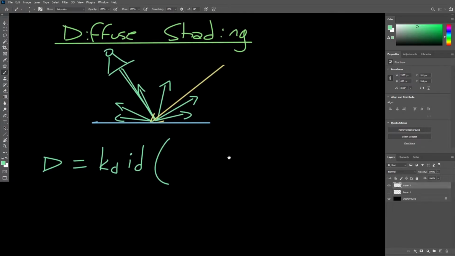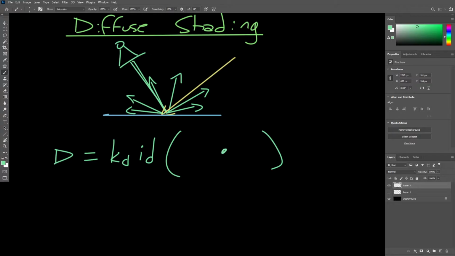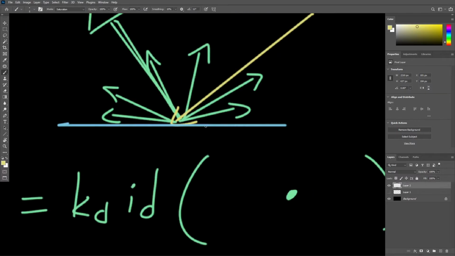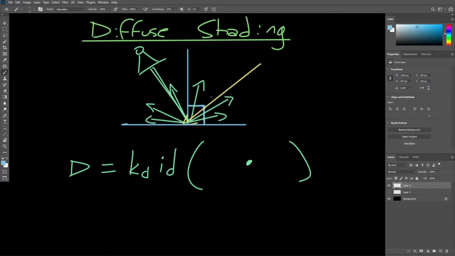We are going to bring in the dot product of two vectors. Specifically, we are going to bring in the dot product of the polygon's normal vector. So actually, I'll draw that in here. Hopefully, it's still not too confusing what this diagram is all about.